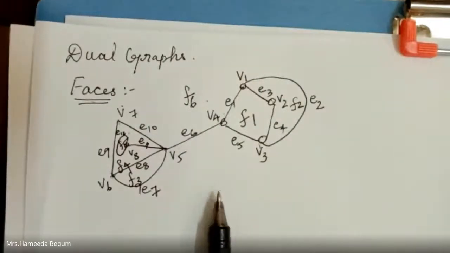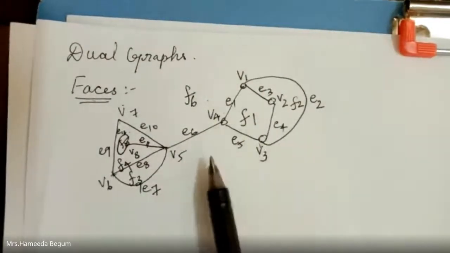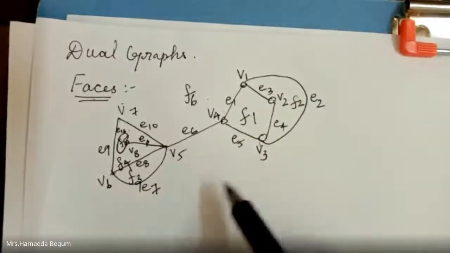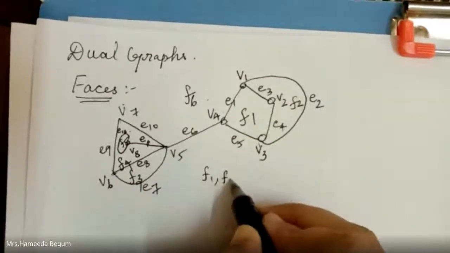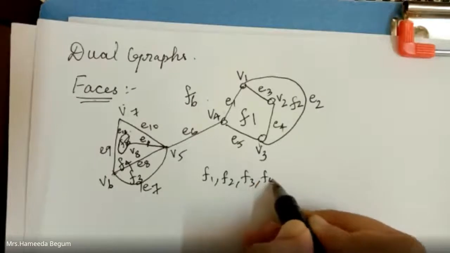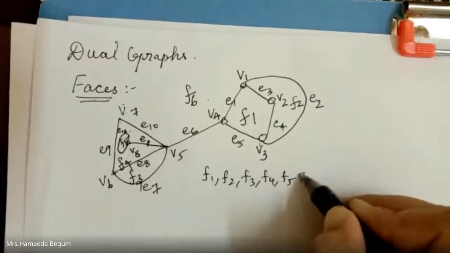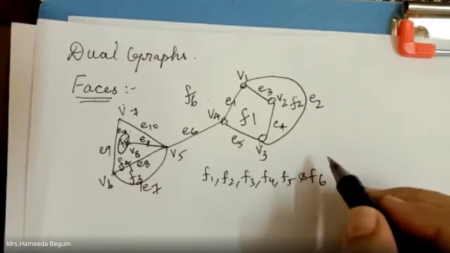So this plane graph has 6 faces actually. The faces are F1, F2, F3, F4, F5 and F6. There are 6 faces for this graph.